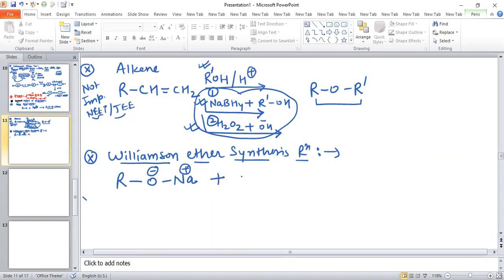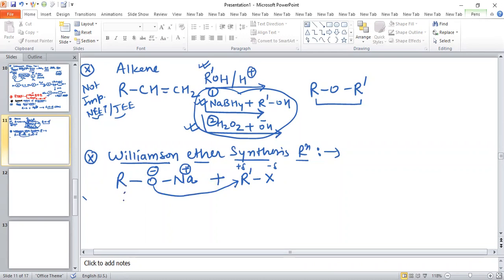The reaction of sodium alkoxide with alkyl halide: this is having a partial negative charge, and this is having a partial positive charge. So this negative charge will attack the carbon atom.